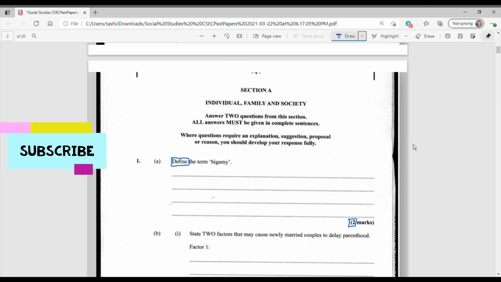Okay, so we could say the term bigamy refers to the offense of marrying someone while still married to another person.